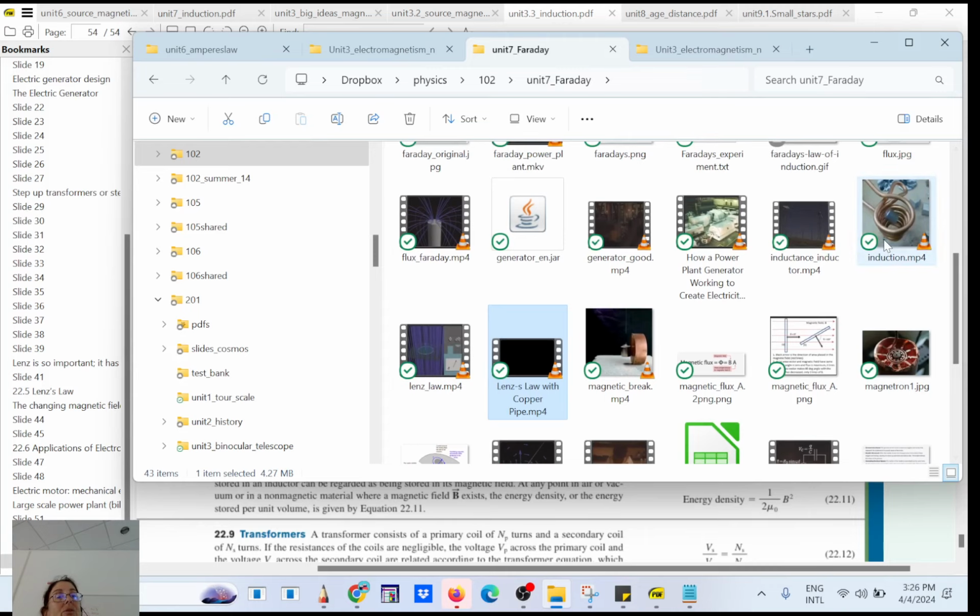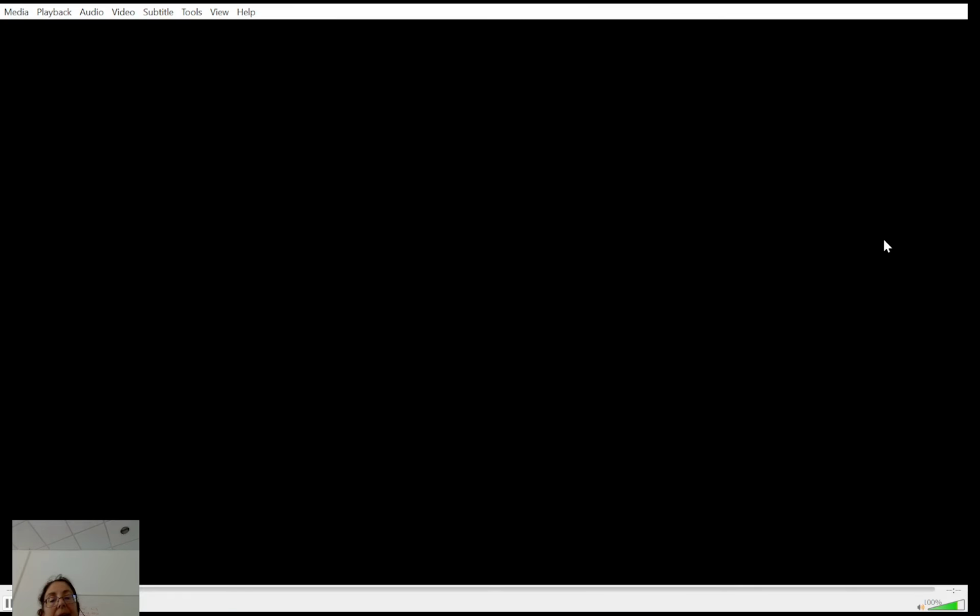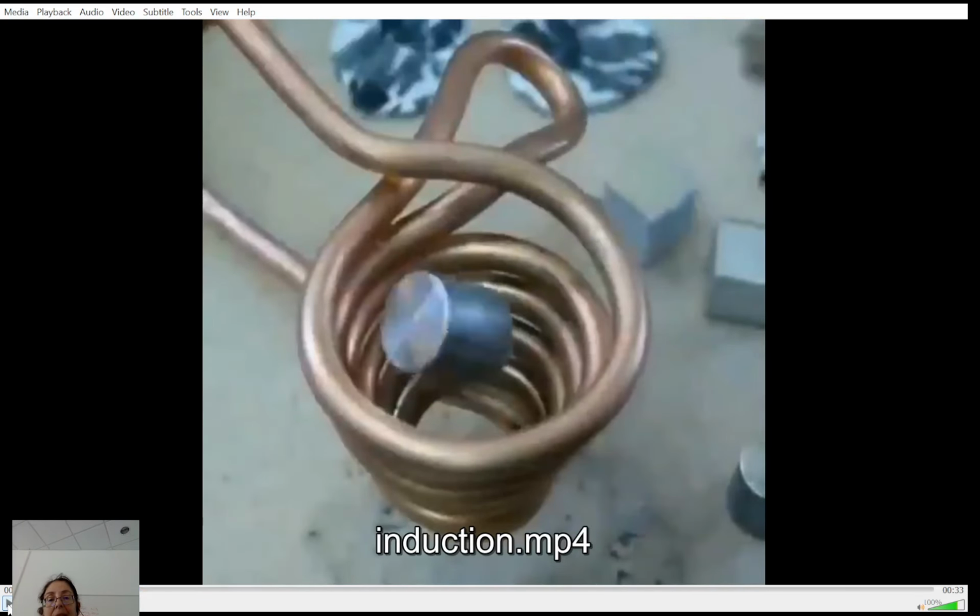Okay. Here, what you can do. So here you have a coil. The coil is connected to an AC power supply. Okay. And here you have a piece of metal. This is not a magnet, it's just a piece of metal.